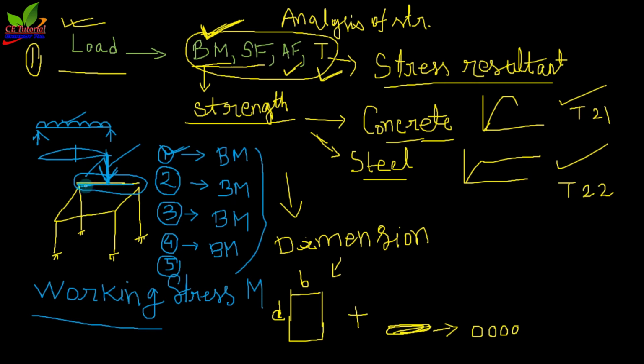Okay, because the self weight is also there. Suppose a slab is there over this beam. Okay, now due to the slab, the self weight of the slab will come on the beam, and the beam has its own self weight.